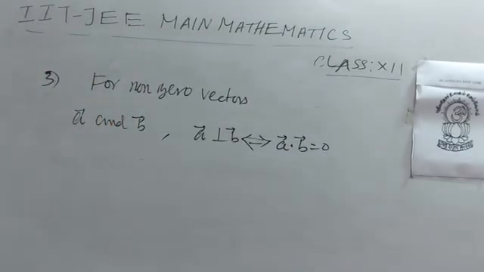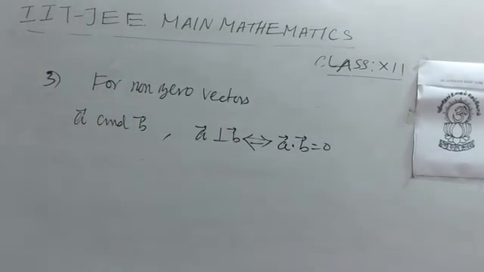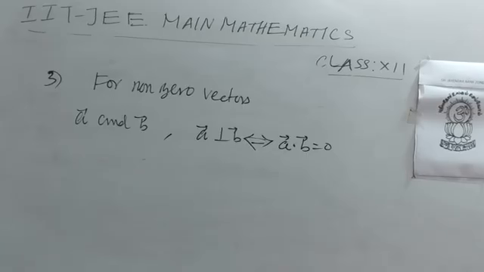If A vector dot B vector equal to 0, A vector is perpendicular to B vector.